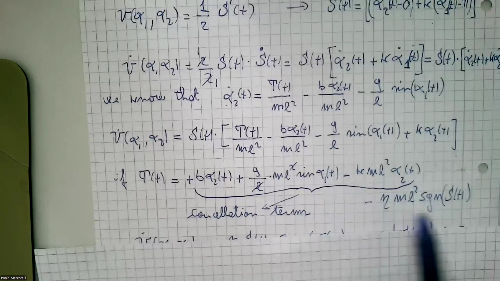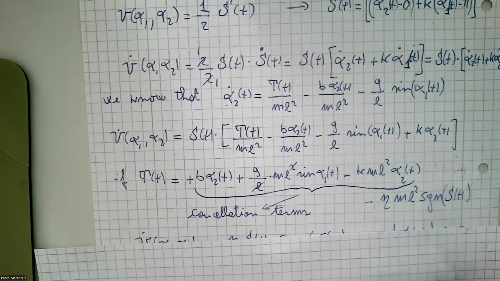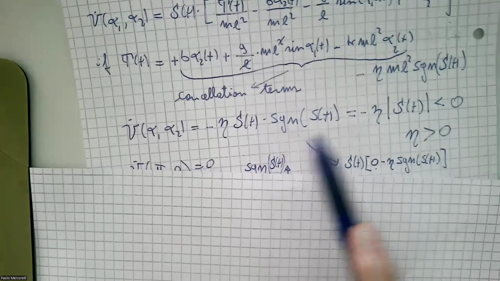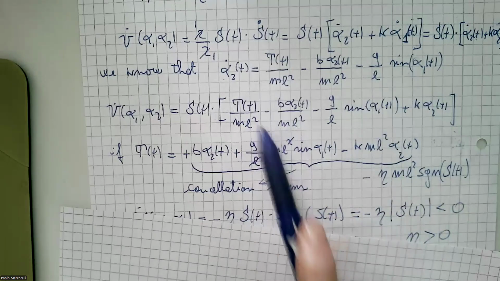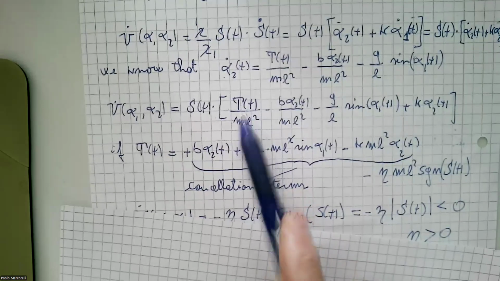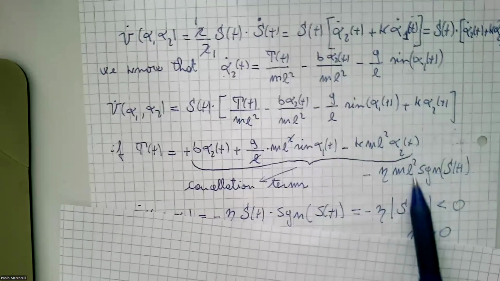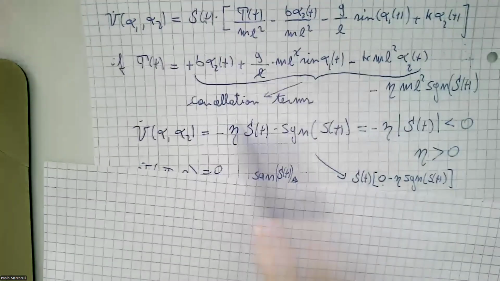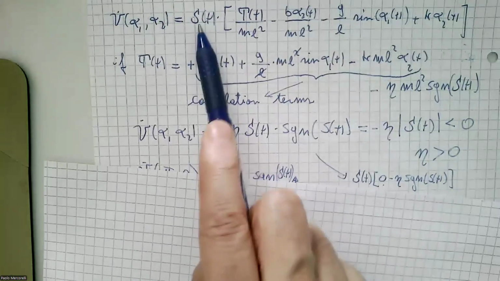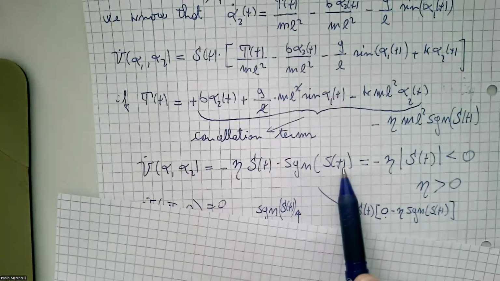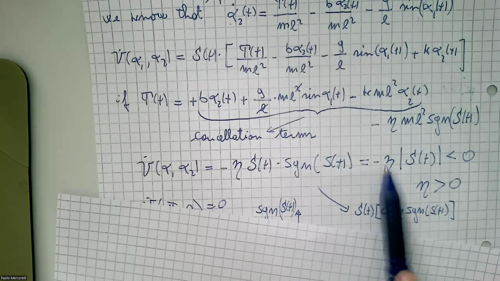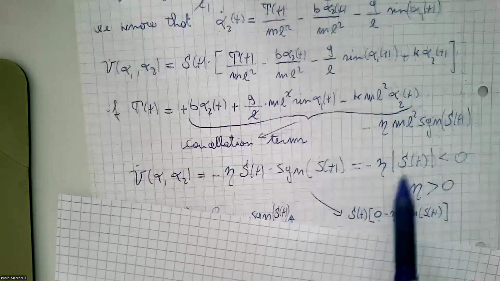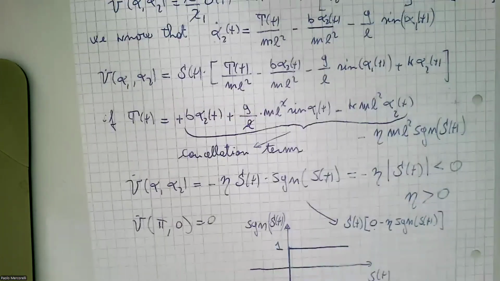But if I add now this element here, I will obtain the results, because inside the parentheses here, thanks also to this cancellation, which basically is irrelevant but I would like to put it nevertheless, I will have eta, with eta positive, which multiplies s, which multiplies sgn of s, which equals minus eta positive absolute value of s of t, which is negative as long as eta is positive.